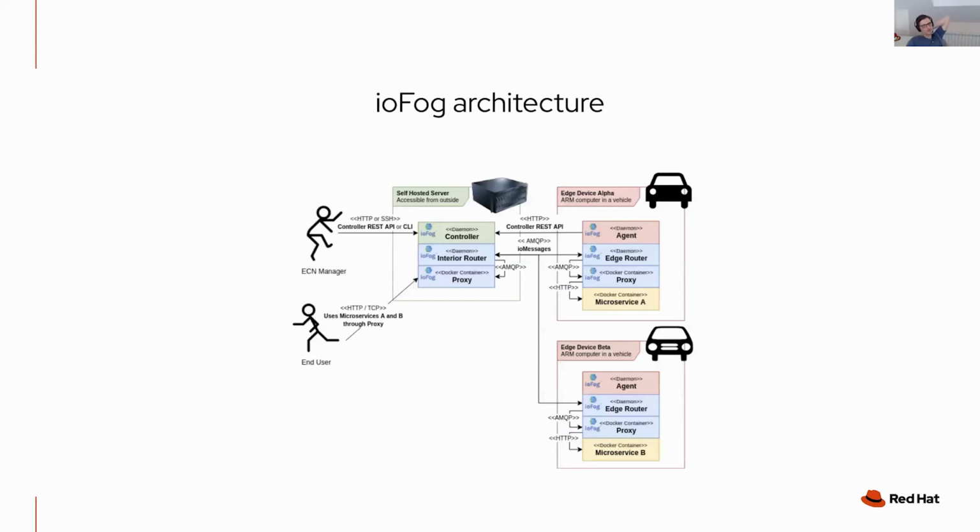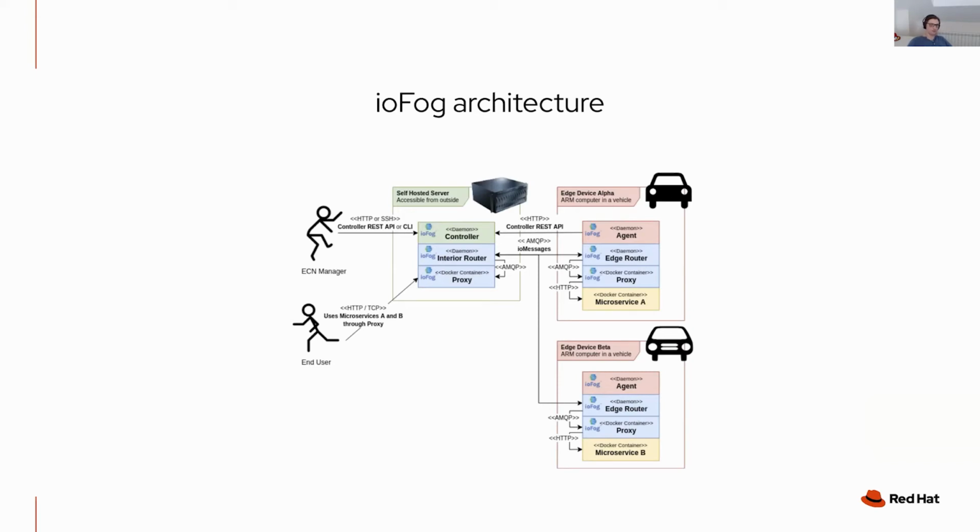So if we get back to this picture of ioFog, that's one of the things we already did over the past year. As you can see, the control plane traffic between the edges and the controller is now going over AMQP.